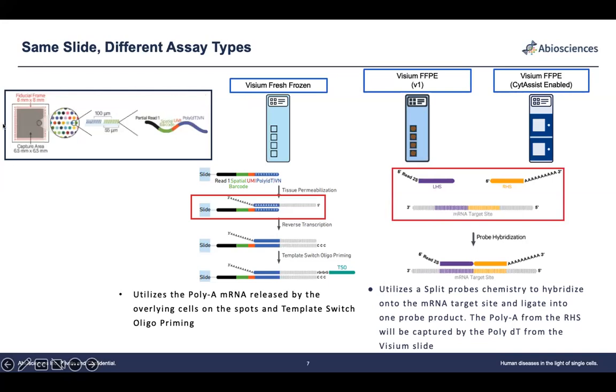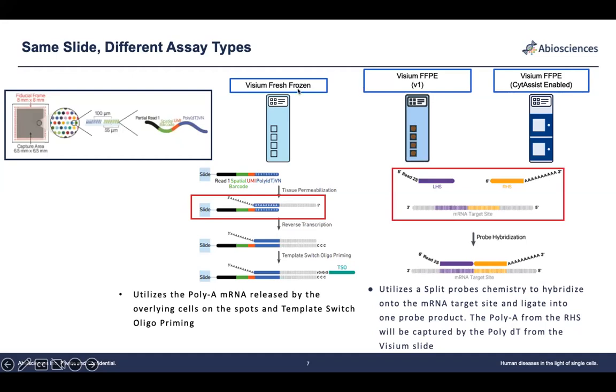There's a capture area where we have 5,000 spots for the 6.5 by 6.5 millimeter capture area, or the larger one, 14,000 spots for the 11 by 11 millimeter capture area. Each spot is a 55 micron diameter spot with the spatial barcode, UMI, and the poly-dT primer decorated on the spot.